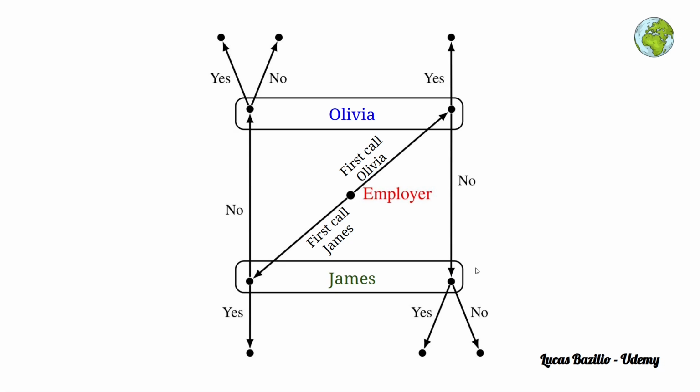Because both players reject the offer. So analogously, we can see the same type of transition from James to Olivia if James says no and James was the first one that the employer called. So the important thing here in this game frame is to see and visualize this transition.